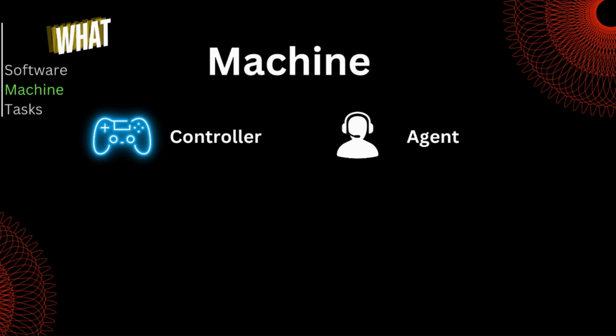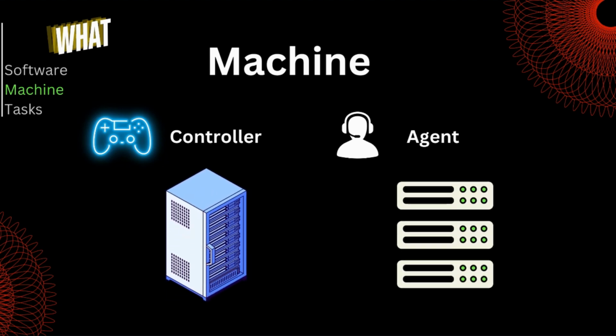It is responsible for managing the agents, and those agents are the ones that are going to execute the tasks we have. So basically, we will have a server and multiple agents. Those agents will be listening for this controller or server, and they will execute the tasks that it gave to them.